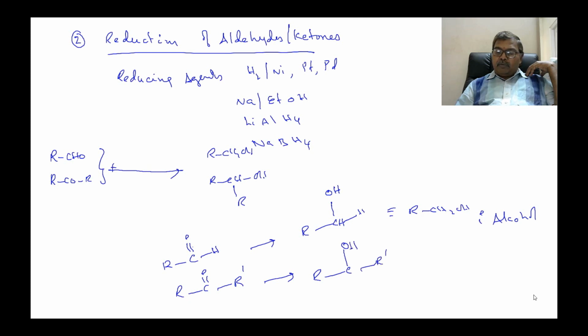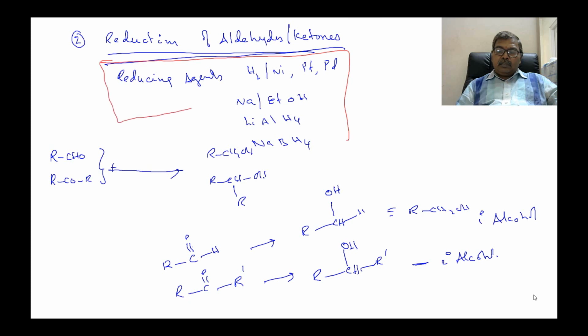Add two hydrogen atoms, one to oxygen, one to carbon. So this is a secondary alcohol. Remember, these are the reducing agents.